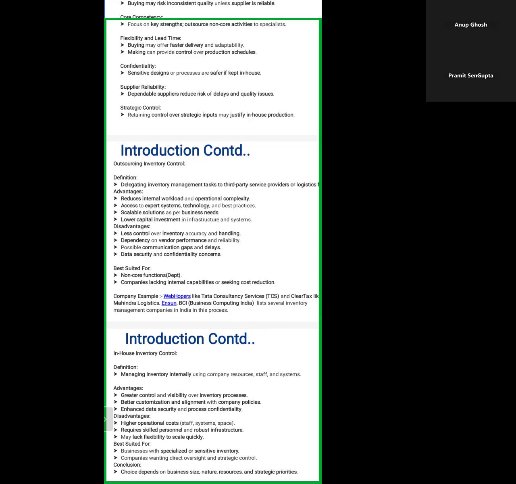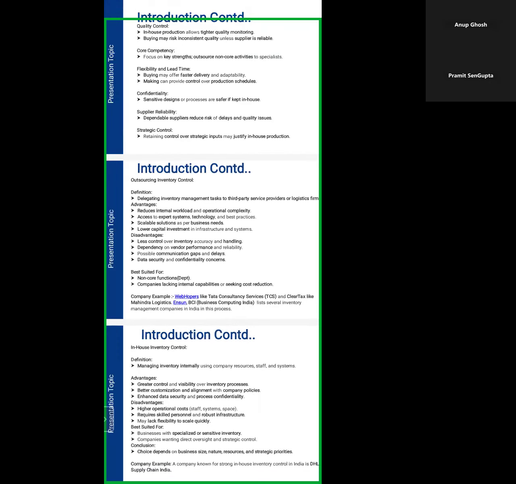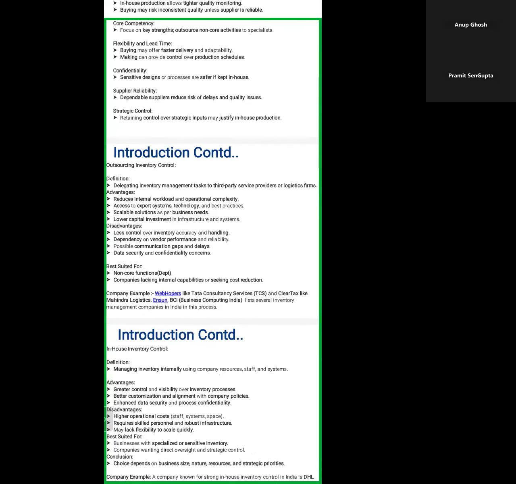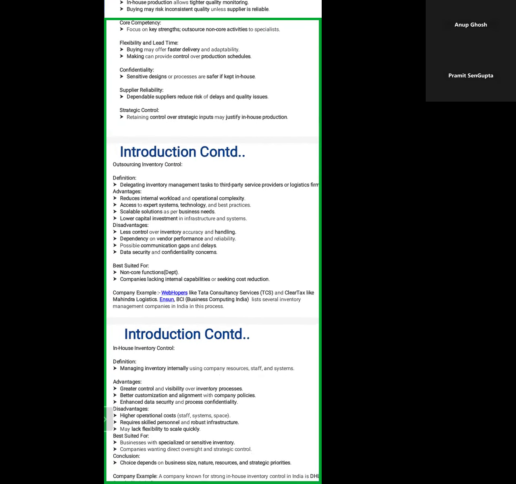As I said earlier, there are a few company examples who are following this process: developers like Tata Consultancy Services, ClearTax, Mahindra Logistics, Business Computing India. Several inventory management companies in India are following this process of outsourcing in the inventory control method, or rather the selective inventory control method.